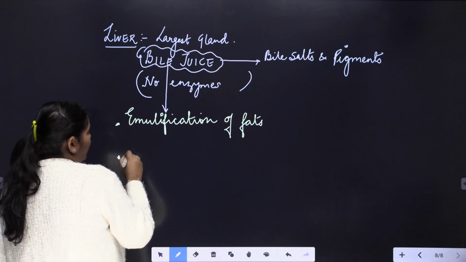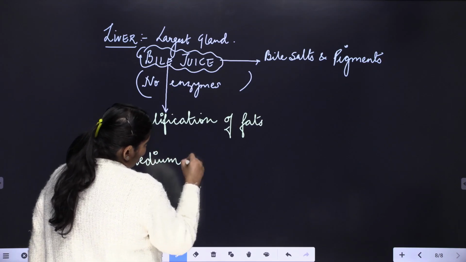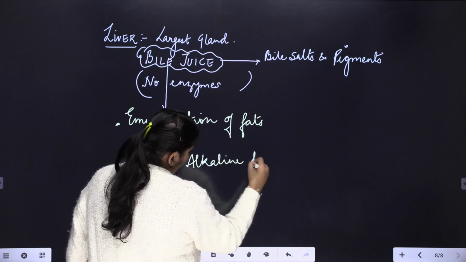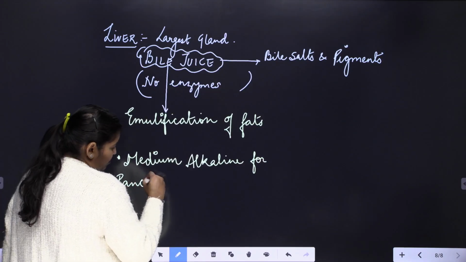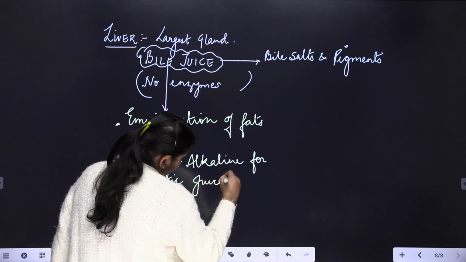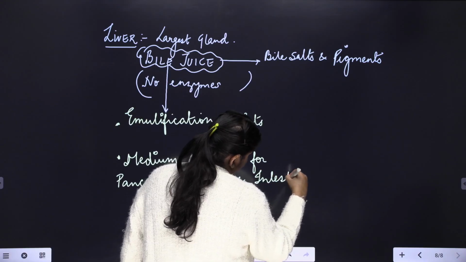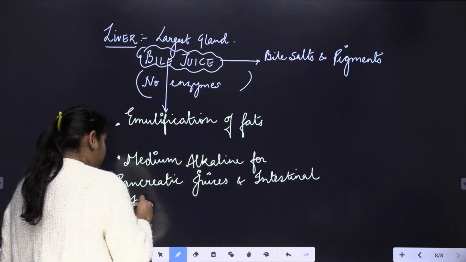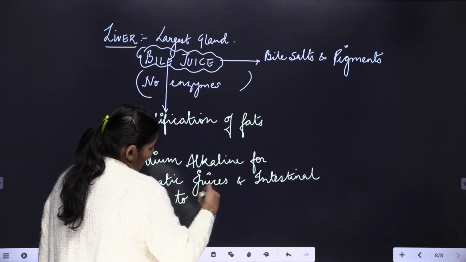Then it makes the medium alkaline for pancreatic juices and intestinal juices to act upon.